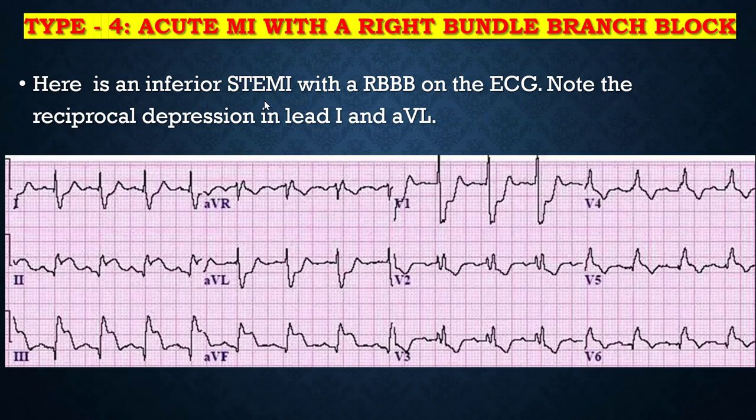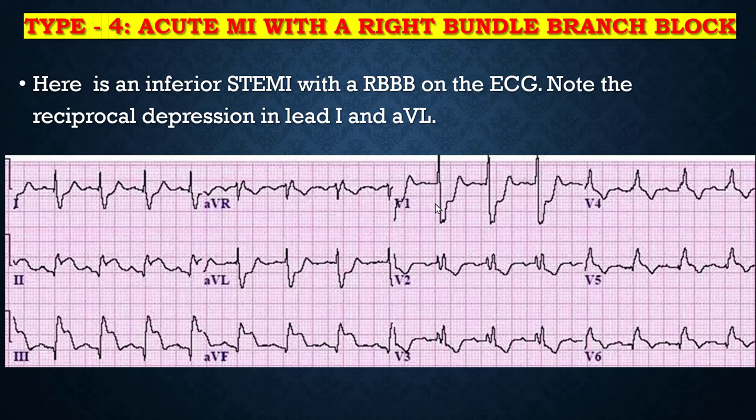Here is an inferior MI with right bundle branch block on ECG. Inferior STEMI with right bundle branch block on the ECG. Note the reciprocal depression in lead 1 and aVL. There is a right bundle branch block.